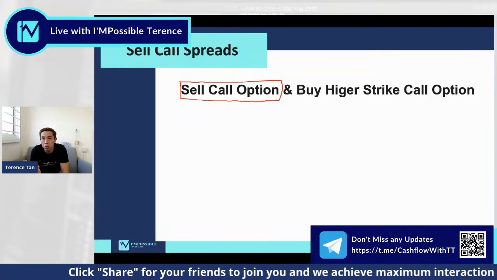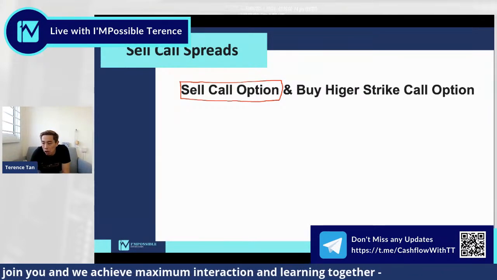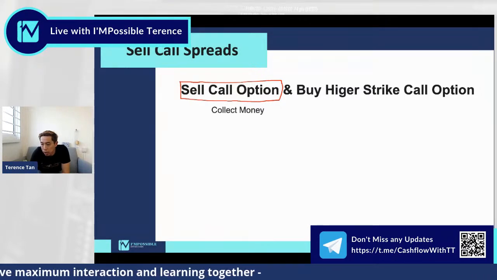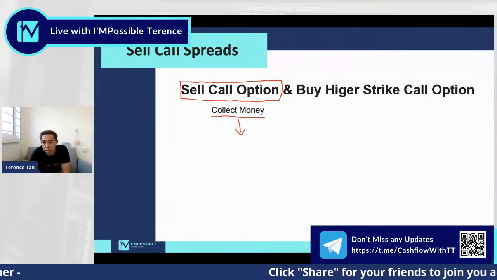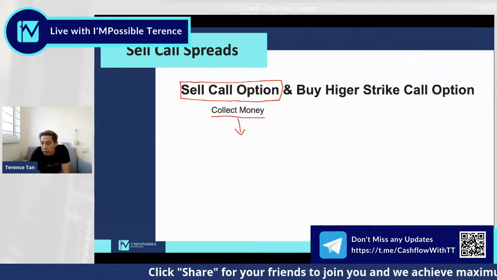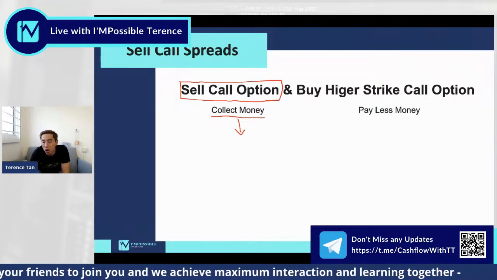So if you sell a call option, you collect money that goes into your pockets, but using that money, what you should do is pack up an insurance policy on that trade.